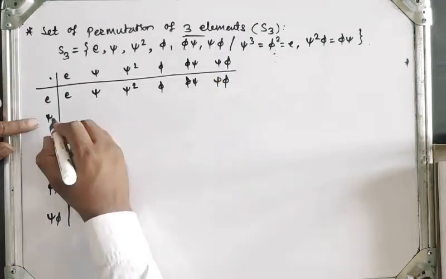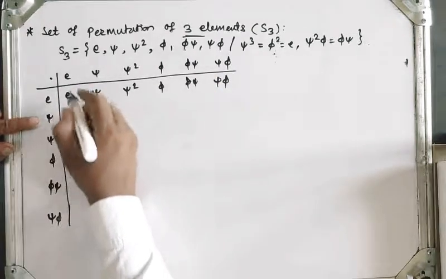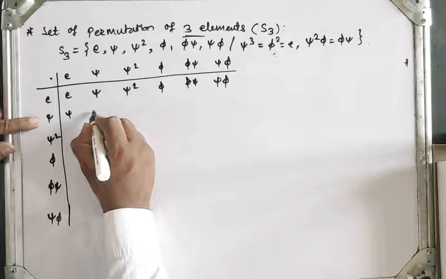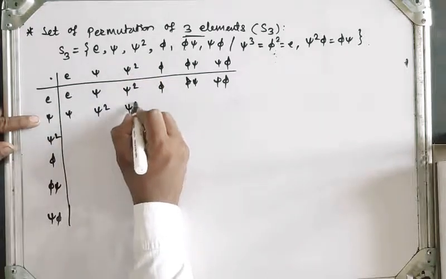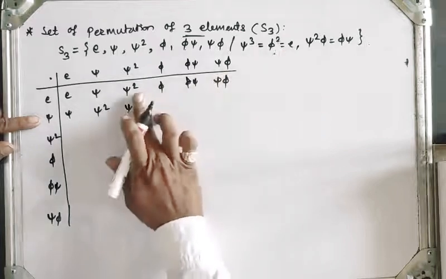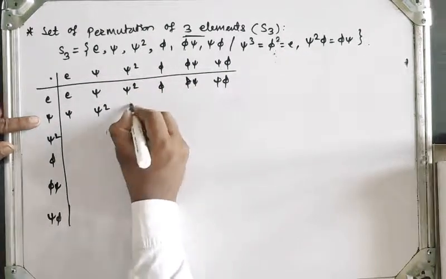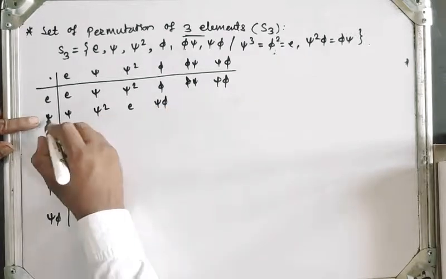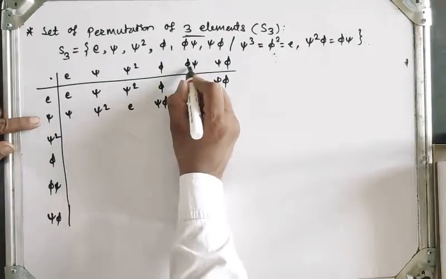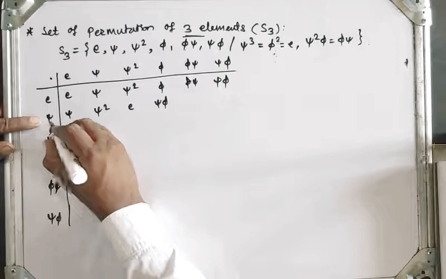After multiplication, identity into identity, identity into psi, identity into psi square. Now multiplication by psi: psi into identity, psi into psi, psi into psi square gives psi cube, and the value of psi cube is identity, so here identity. Next, psi into phi psi, which is psi into psi phi.